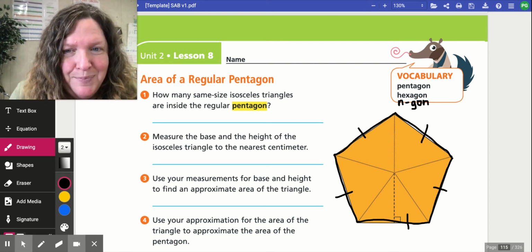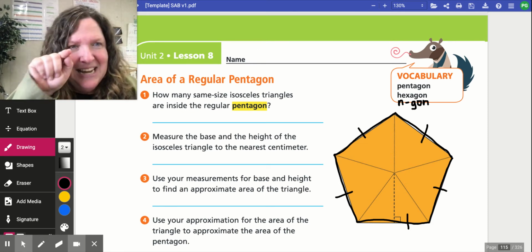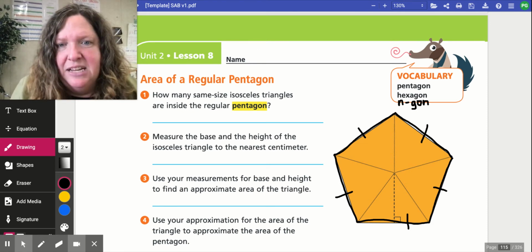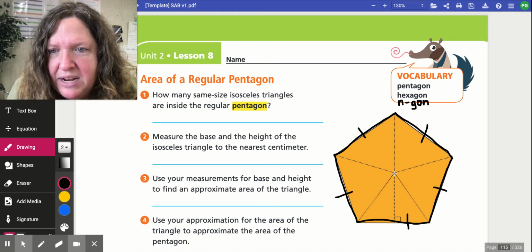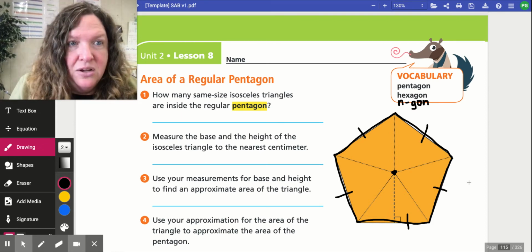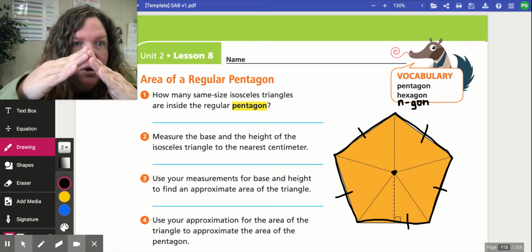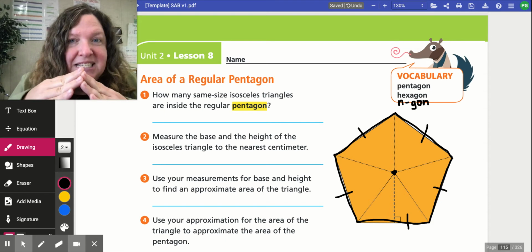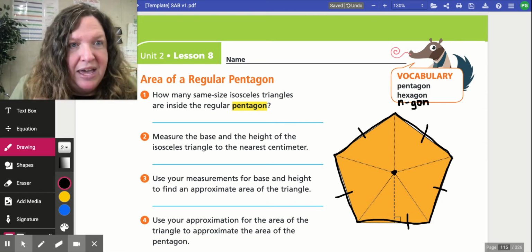How are we going to do that? The key is the little tiny dot in the very center. We're going to put a dot right in the very center of the shape, and then we're going to connect all of the corners, all of the vertices to that dot.